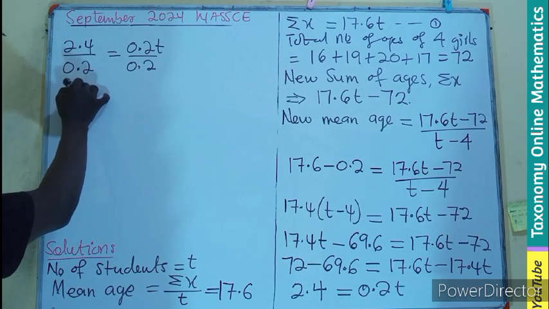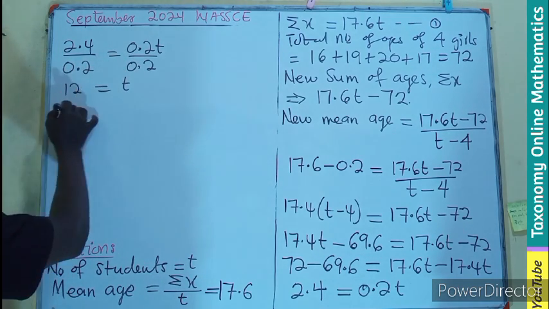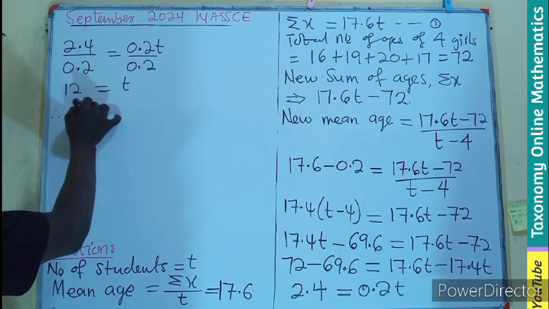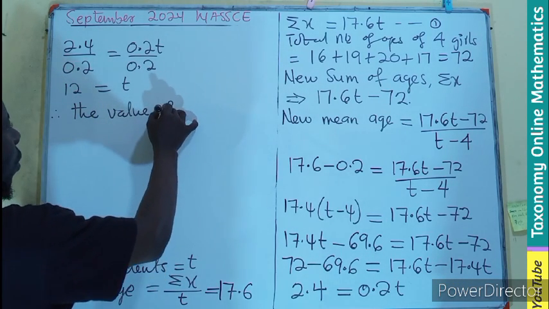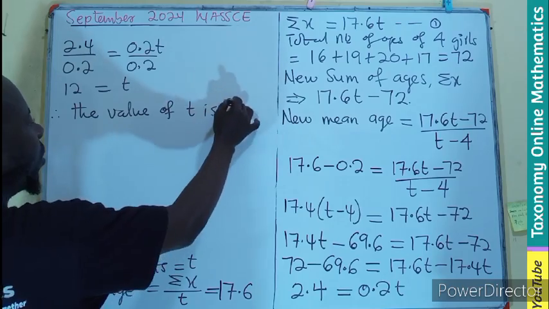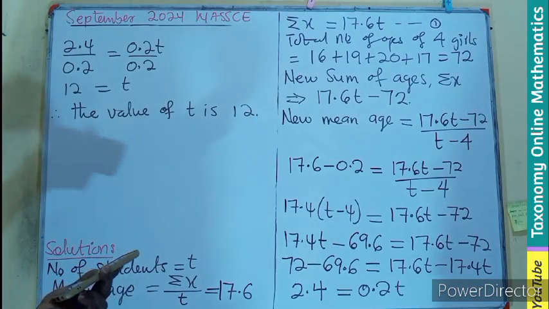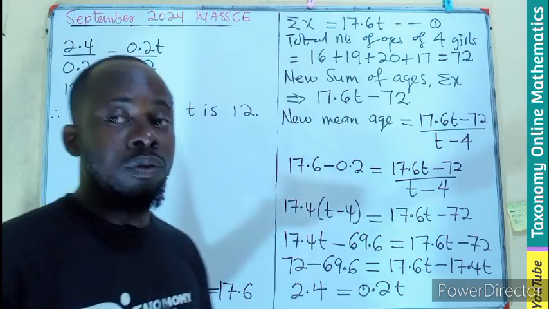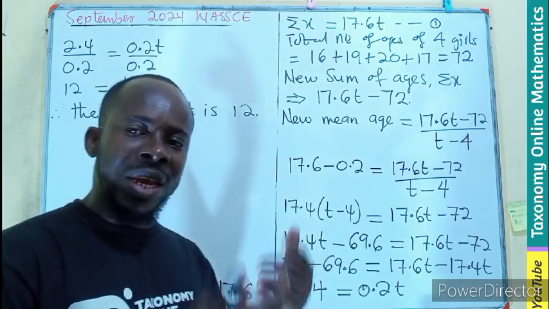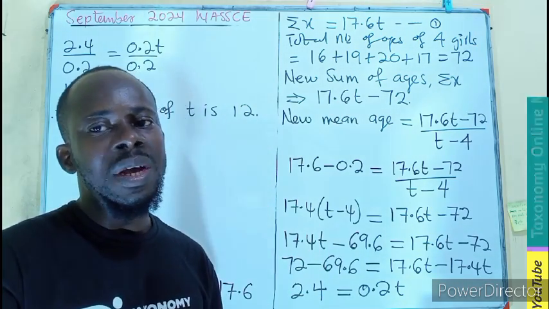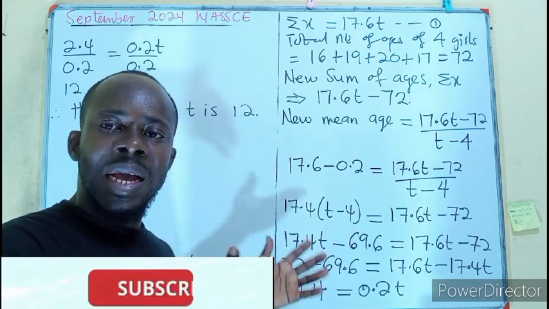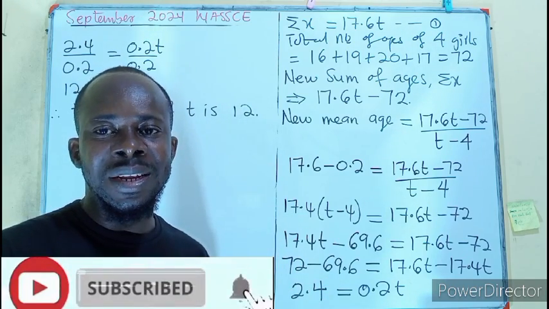This will be 12. This will cancel to give you T. Therefore, the value of T will be 12. Simply put, there were 12 girls in the class originally, whose mean age was 17.6. I guess you followed through from the beginning.